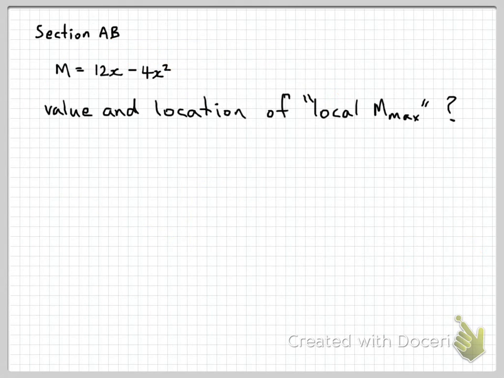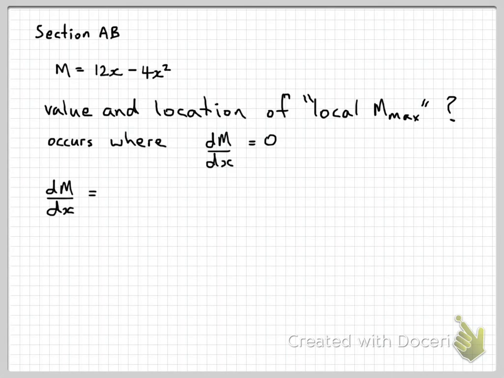Okay, so that's our equation. Where is the local max and what's its value? We know to find the local maximum we differentiate. So the differential of that equation, where that's equal to 0, will give us the value of the local maximum.